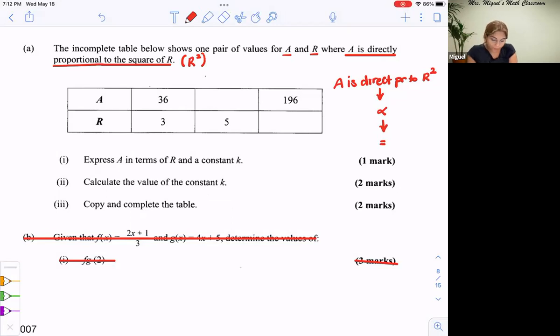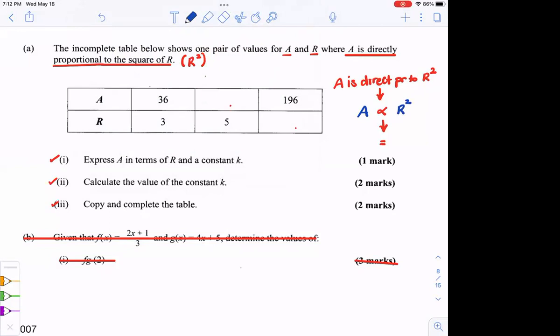You will get 1 mark for the equation, 2 marks for the constant k, and 2 marks for finding the missing values. So you are supposed to have A proportional to R squared. Do you all have that?